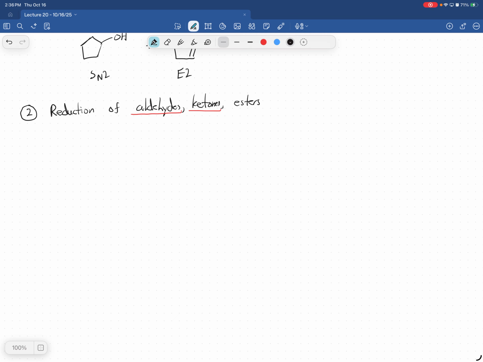All right. So, if we talk about reduction here, there's a specific mechanism name. So the mechanism here is called nucleophilic addition. All right, so this is for aldehydes and ketones. All right, so let's draw a generic carbonyl compound.